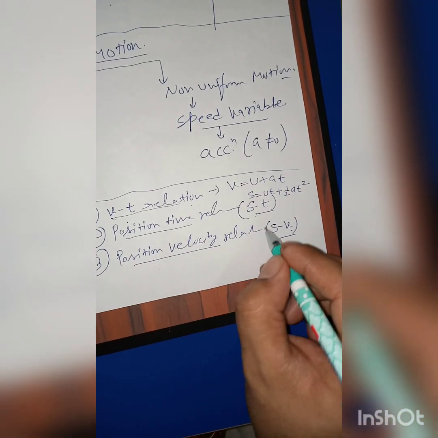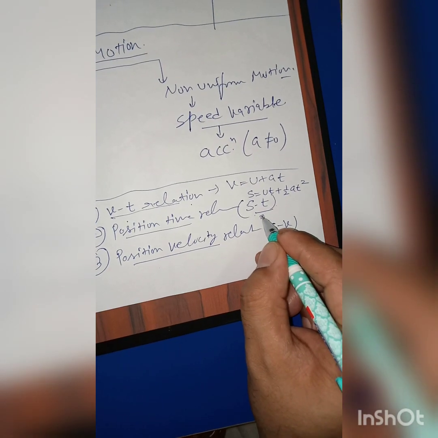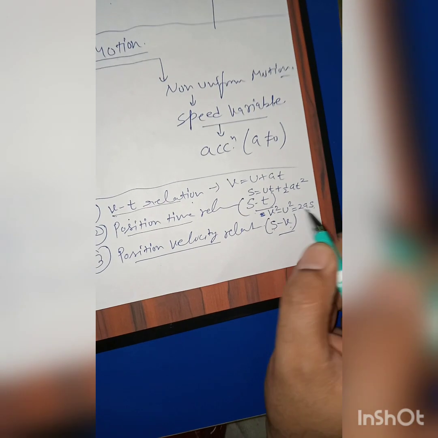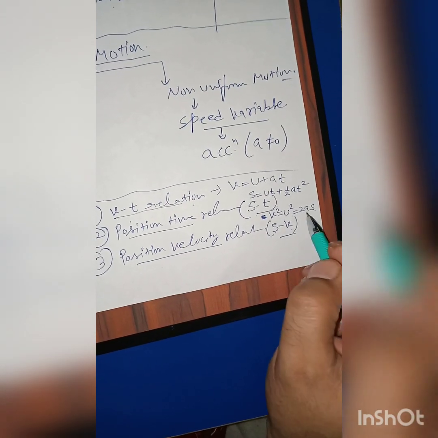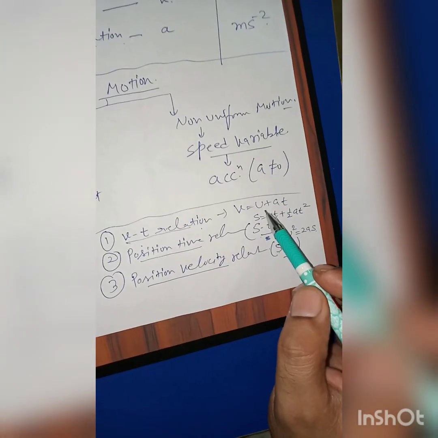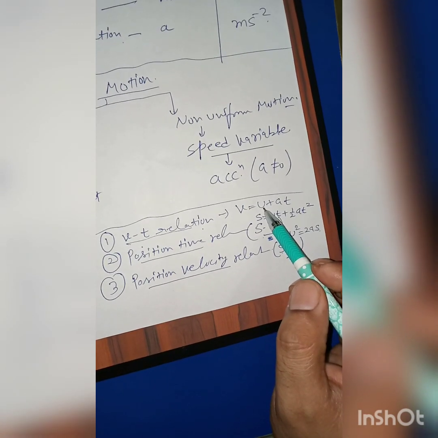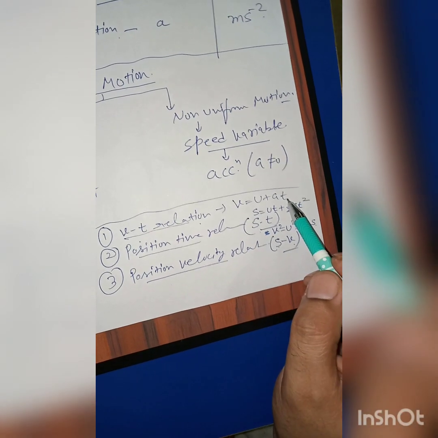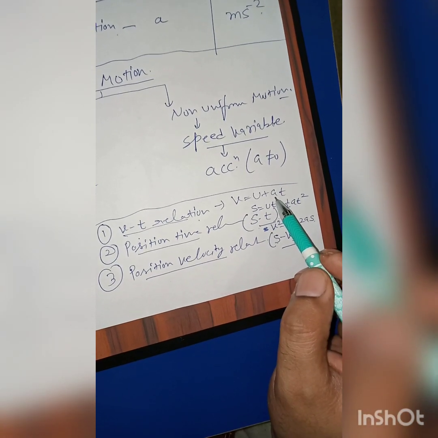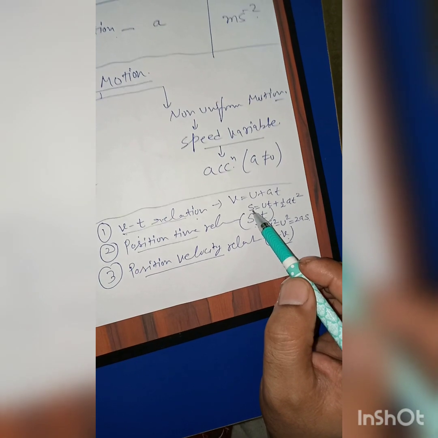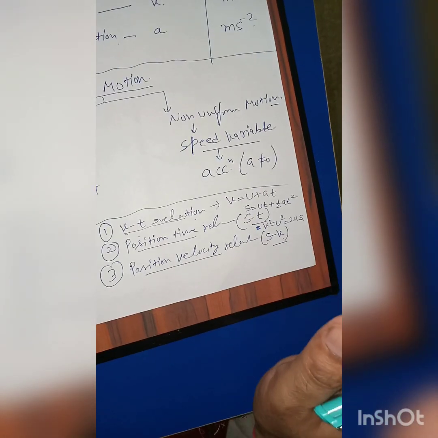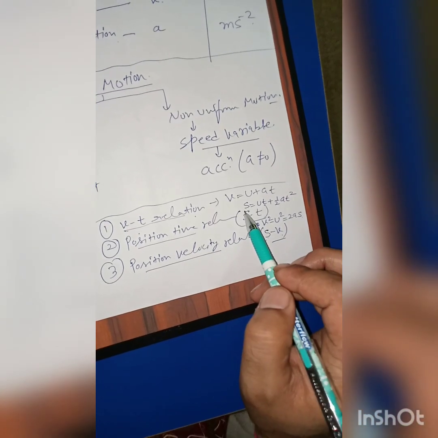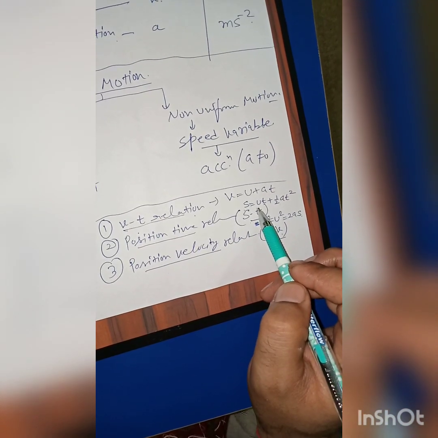Third, position velocity relation, v squared minus u squared equals 2as, where u is the initial velocity of the body, v is the final velocity of the body, t is time, a is acceleration, and s is position or distance or displacement.